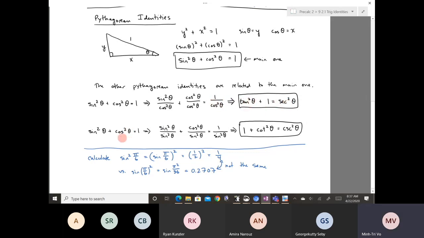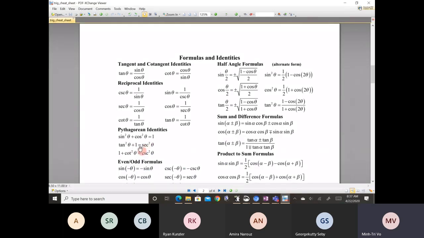If you do the same thing and divide by sine squared, then you get the other Pythagorean identity. Basically, these two are just derived from the first one by the relationship between sine, cosine, and the other trig functions.